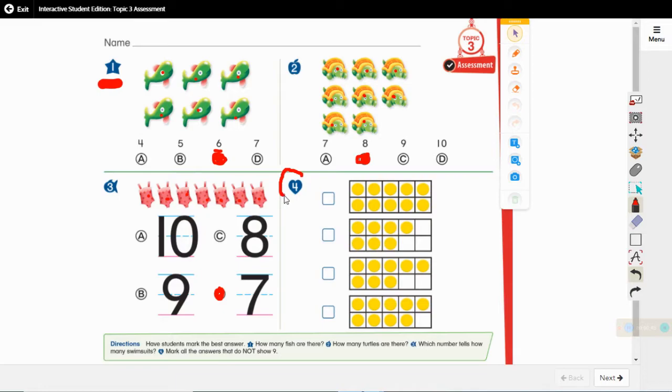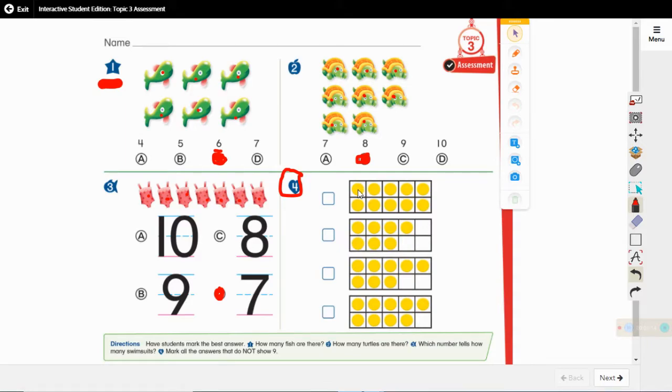Now number 4 is a little bit different. We need to look at our ten frames and we need to color in all of the little squares over here for the ones that do not show 9. So if it shows 9, we do not color in that square. But if it doesn't show 9, then we do.